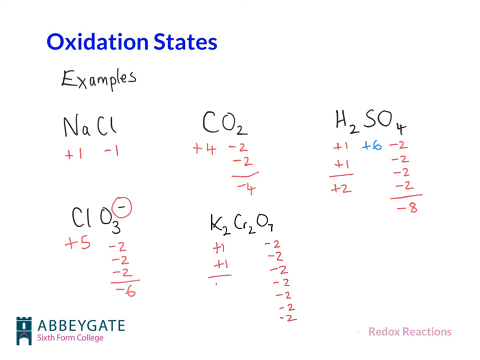The whole thing overall is neutral, so if the potassiums are +2 and the oxygens add up to -14, the difference is going to be +12. So I know that the 2 chromiums have got to add up to +12. There's 2 of them, so I divide the +12 by 2 to get that each chromium is +6.